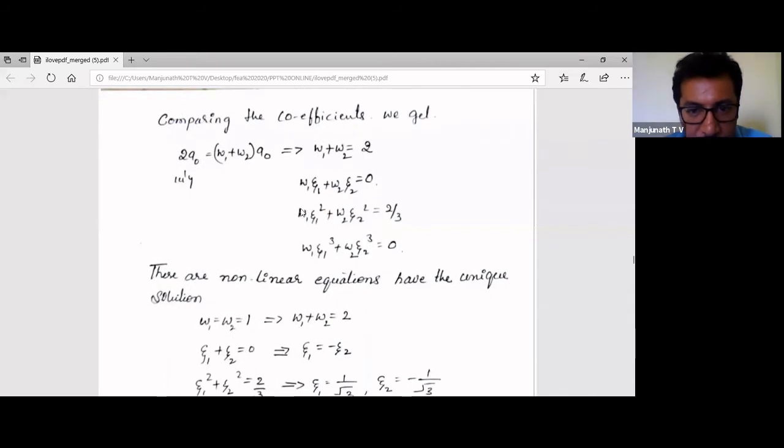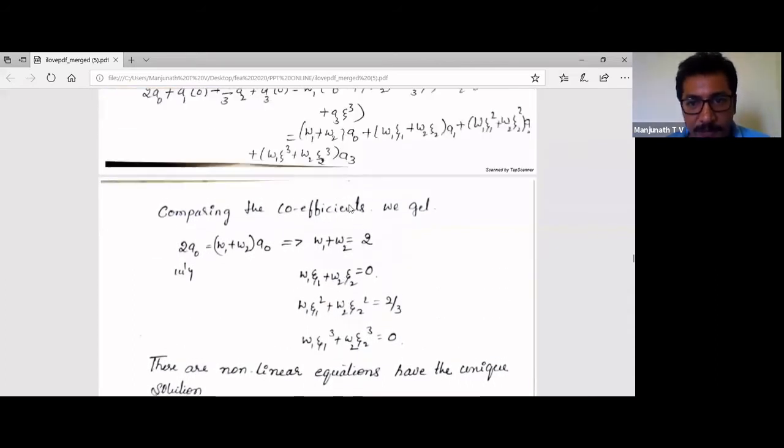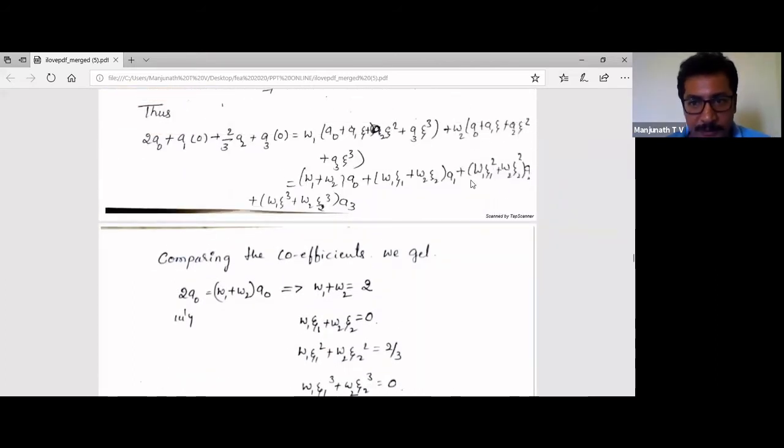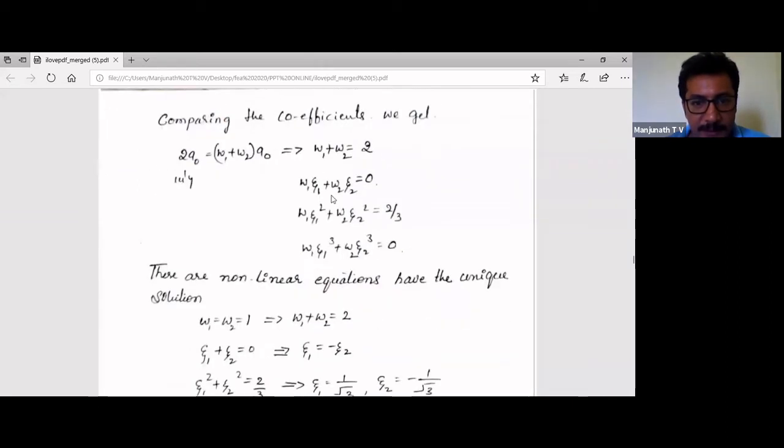Again, comparing the third coefficient: here 2 by 3 A2, and here (W1 zeta 1 square plus W2 zeta 2 square) A2. So A2 gets cancelled, and W1 zeta 1 square plus W2 zeta 2 square equals 2 by 3.